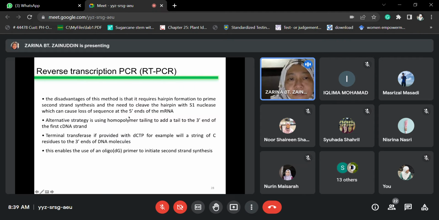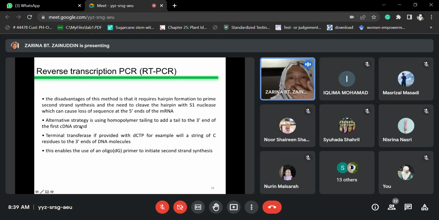But the disadvantage of the method in this figure is that it requires hairpin formation to prime second strand synthesis, and the need to cleave the hairpin. We need to remove the hairpin with S1 nuclease, which can cause loss of sequence at the 5' end of the mRNA. Another strategy to avoid this problem is to use homopolymer tailing, which is to add a tail to the 3' end of this first cDNA strand.